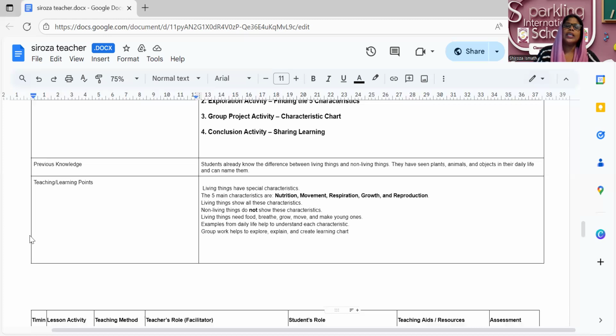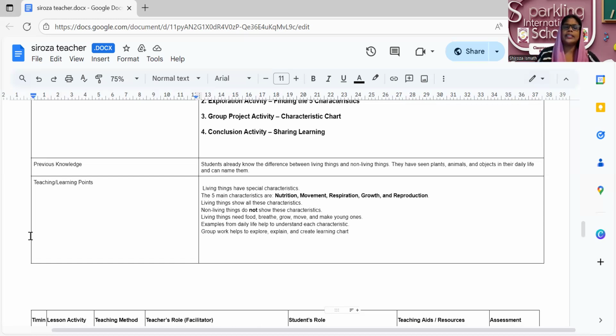Previous knowledge: students should already know the difference between living things and non-living things. They have seen plants, animals, and objects in their daily life, and they can name them because these are grade 6 students. The learning outcome: living things have special characteristics.